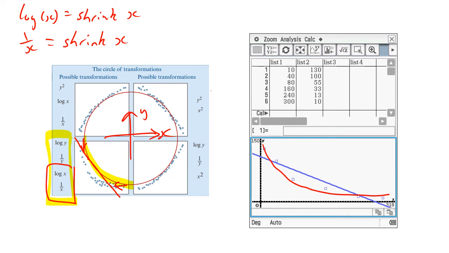The opposite is over here. That's x squared, and if you do x squared you're actually stretching x. That makes sense because if I did a line like this, I need the x values to get bigger to hit towards that line, whereas down the bottom here in the opposite corner, you need to stretch them. So that's what we're going to do in the next stage: we're going to log x and do reciprocal x and see if there are better transforms.